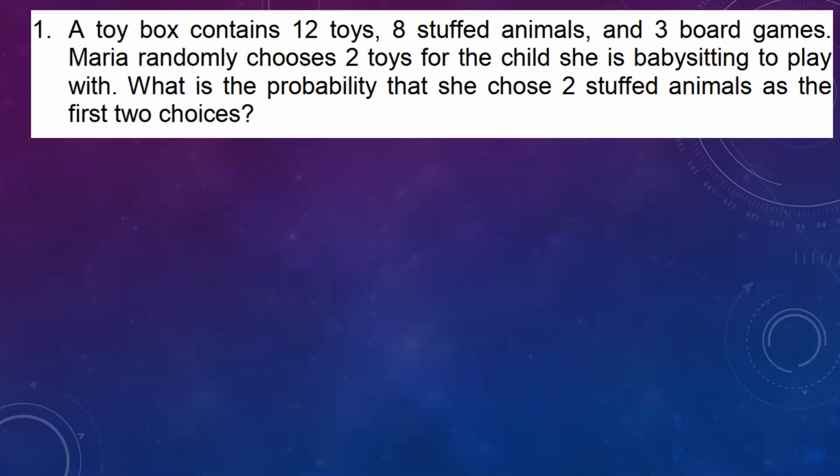A toy box contains 12 toys, 8 stuffed animals, and 3 board games. Maria randomly chooses 2 toys for the child she is babysitting to play. What is the probability that he chooses 2 stuffed animals as the first 2 choices?